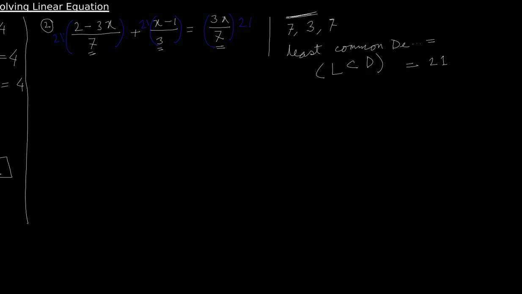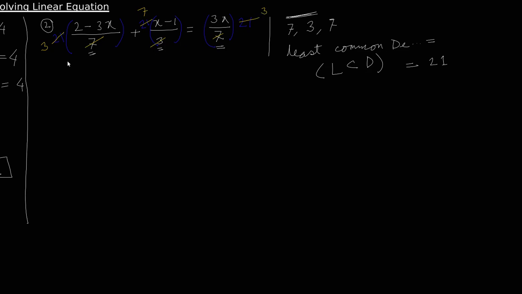Now let us see what is happening here. As you can see, 21 over 7, I am left with 3. Here 21 over 3, I am left with 7, and again 21 over 7, I am left with 3.